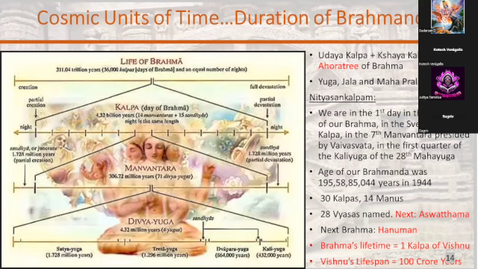Half of it is called a Parardha. It could be. That is one Kalpa of Vishnu. So if you look at the bottom, the two bullets in red, Brahma's lifetime is one Kalpa of Vishnu, and Vishnu's lifespan is 100 crores on his time scale. Okay, all right. Any other?